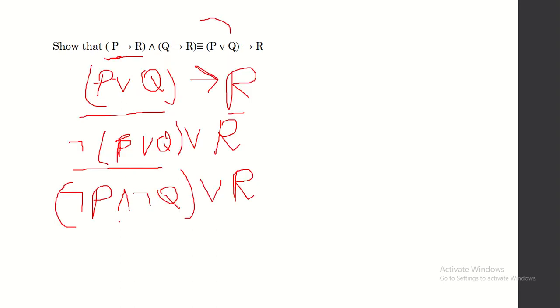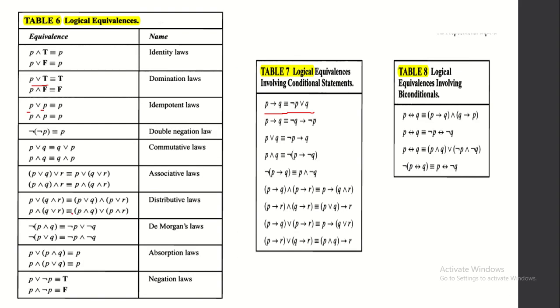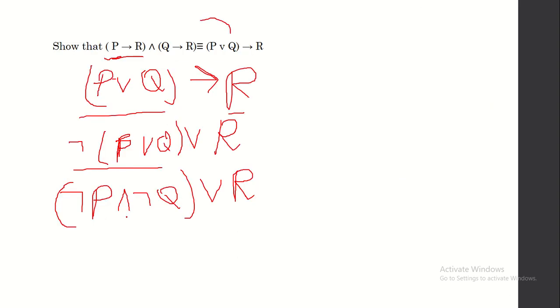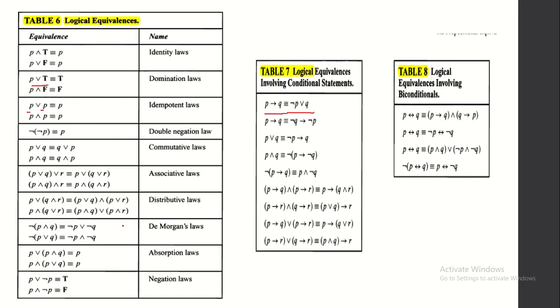After that we can use the distributive law. You can see that this is (not P and not Q) or R, right? So this is the distributive law. Here, P and Q or R is equivalent to (P or Q) and (P or R), right?